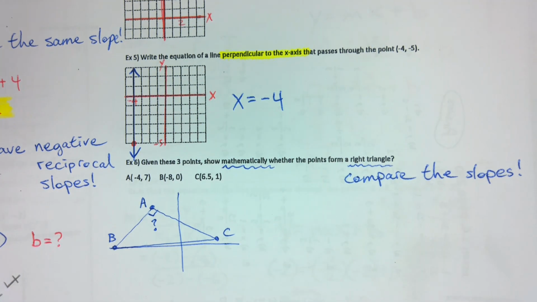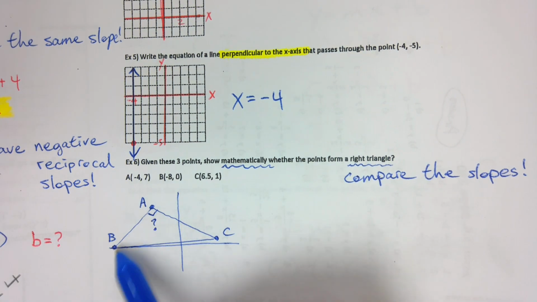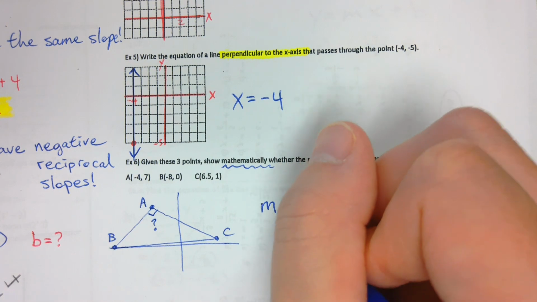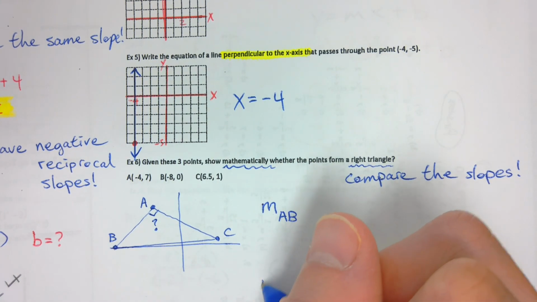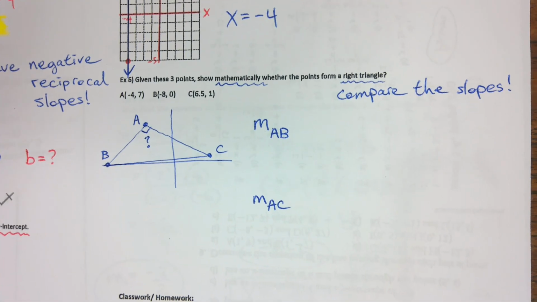So when I check my slope, instead of checking all 3 lines, I just have to check the slope of AB and the slope of AC. I just have to compare these 2 slopes.